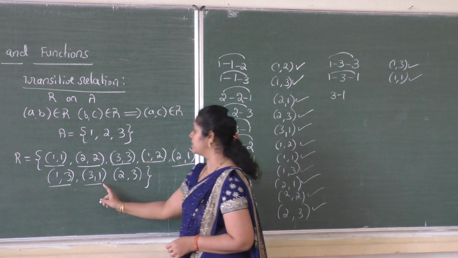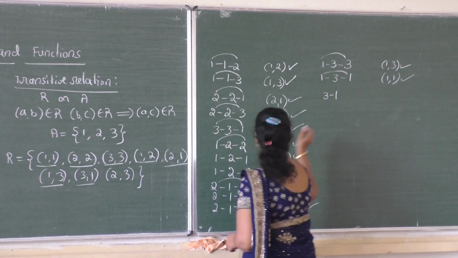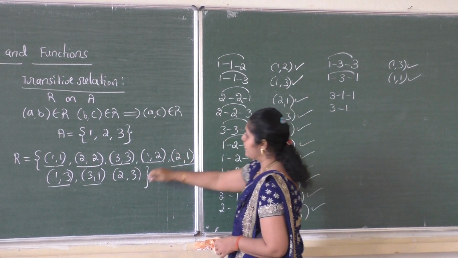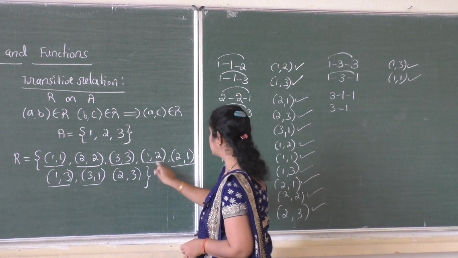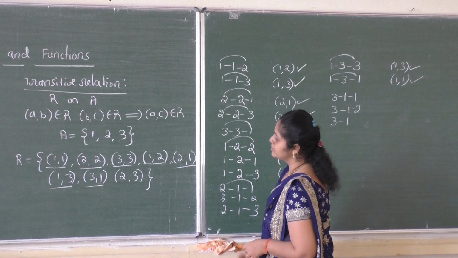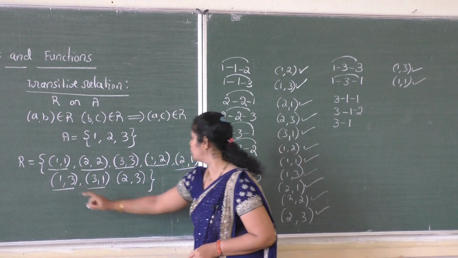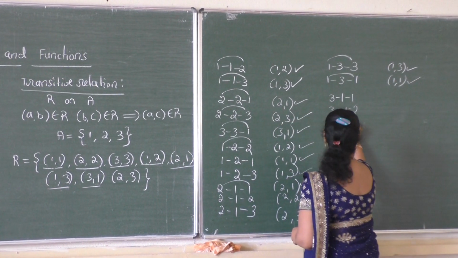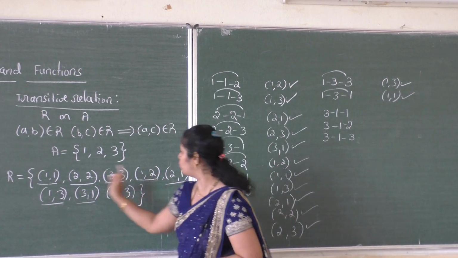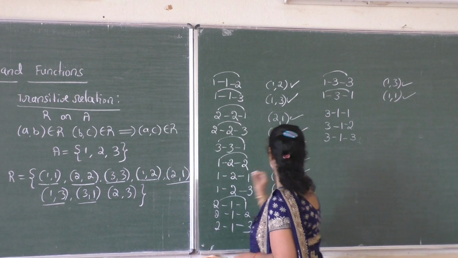Now 3 goes to 1 means I can write 1 goes to 1, then 3 goes to 1, then I can write next 1 goes to 2, then 3 goes to 1, 1 goes to 3. Only 3 ordered pairs we have: (1,1), (1,2), and (1,3).